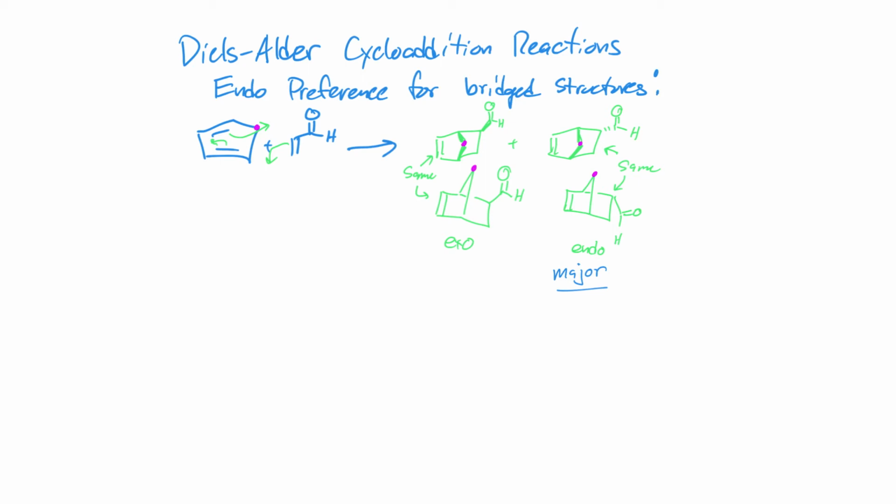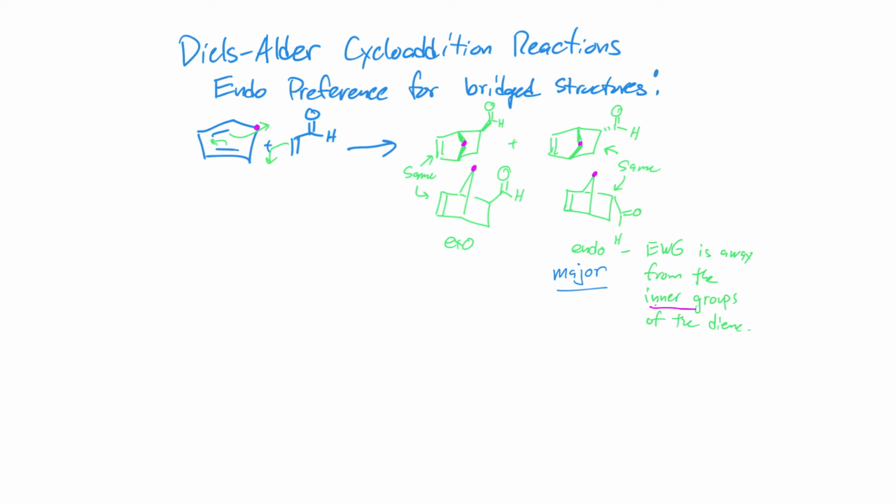And I also want to point out that the endo, let me just write this here, the endo is when the electron withdrawing group is away from the inner groups of the diene. And what does that mean? Well, the inner groups, let me use some color coding here.